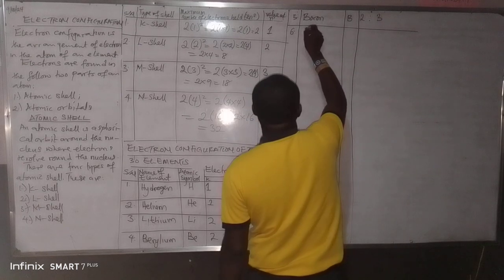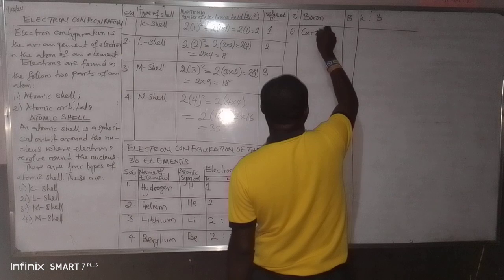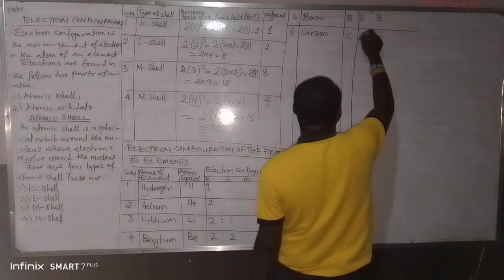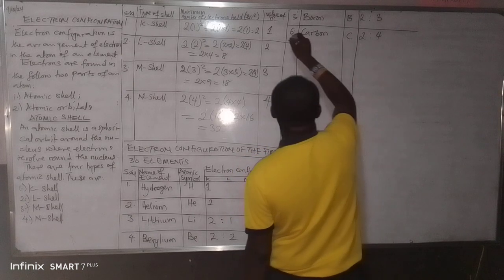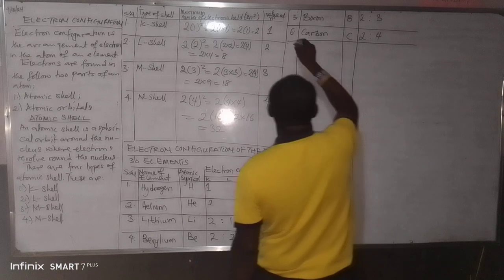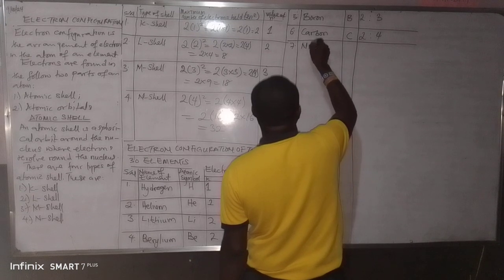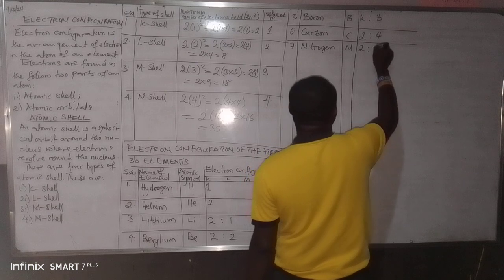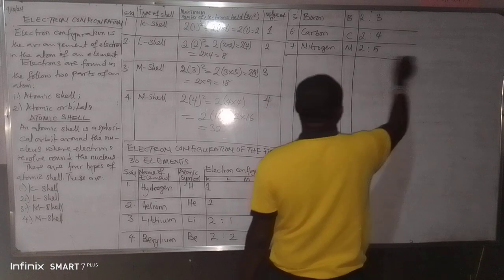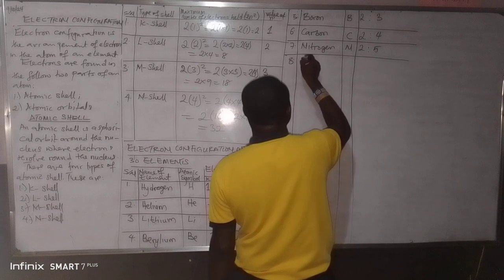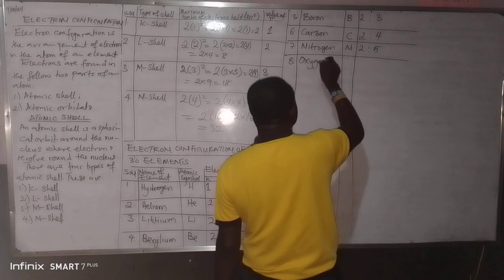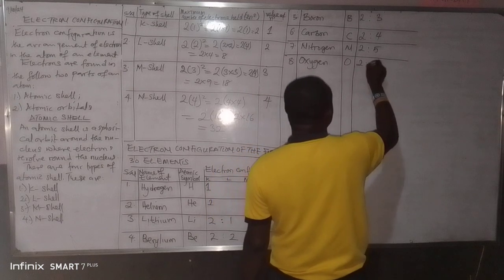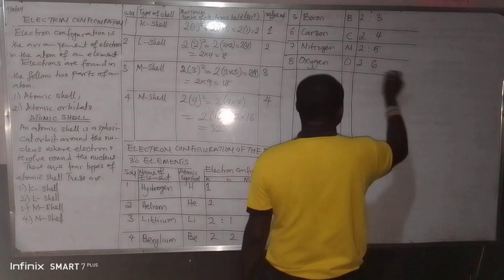Then number 6 is carbon. Carbon, C, 2,4. The next one, nitrogen, N, 2,5. The next one, oxygen, O, 2,6.